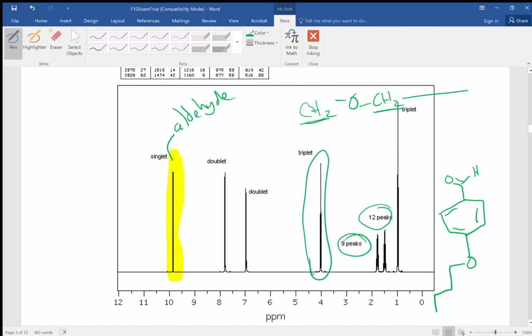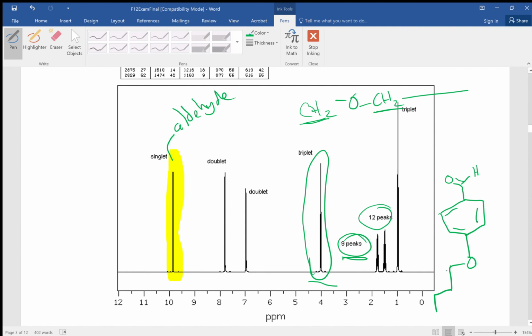So here we have a CH2 that's next to an oxygen. It would be a triplet because it's next to 2 hydrogens, so that works. Next we have a CH2 that's next to 2 different CH2s. So that would give us 2 plus 1 times 2 plus 1 for 9 total peaks.